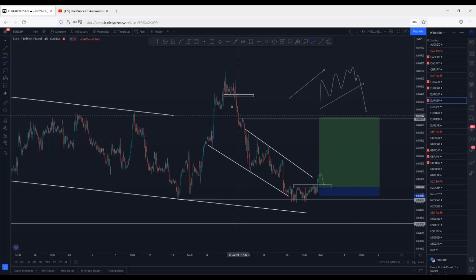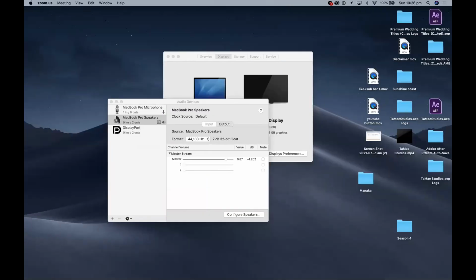Let me try and explain it from what he's saying. Let me open my desk. Can you guys see my screen? Yeah, I think he was telling about break and retest. So what he was saying was, for example, let me give you an example. Here we have price moving down like this.